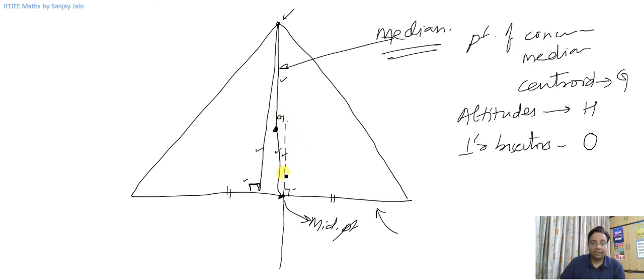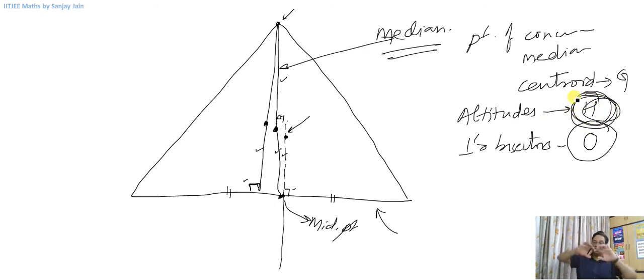Okay, and on this perpendicular bisector will lie the circumcenter. So let us say the circumcenter lies here, somewhere on this perpendicular bisector. Similarly, you can say that H or the orthocenter will lie on this altitude. What I'm trying to say here is that it is the point of concurrency of altitudes. So it will certainly lie on all the three altitudes.